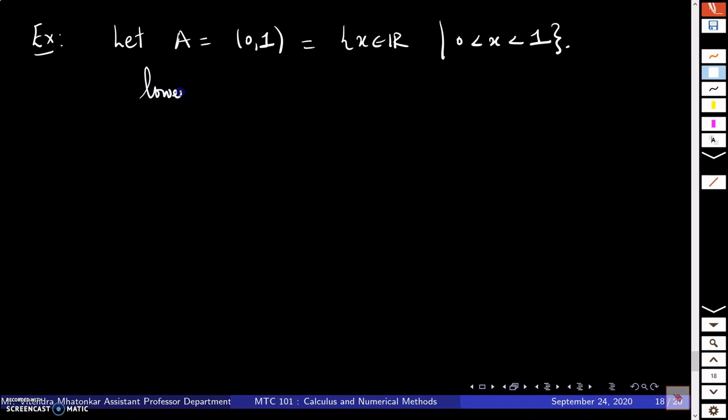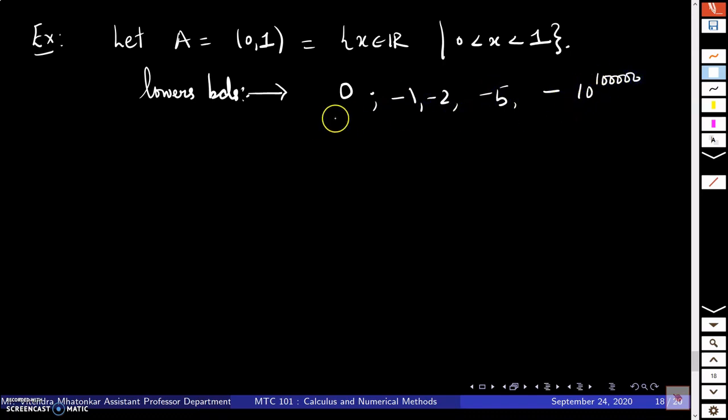So I can list some lower bounds of this set. 0 is a lower bound, right? And any other number which is less than 0, like -1, -2, -5, or -10, all these are lower bounds for the set A.